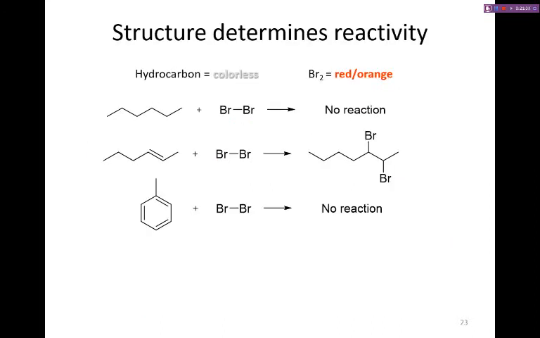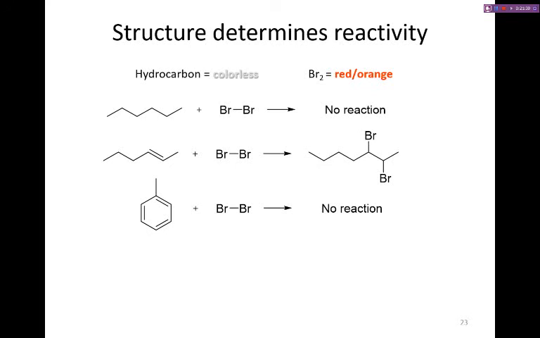Structure also is going to determine its reactivity. We saw already that aromatic compounds, because of the resonance, are more stable than compounds that are not aromatic. But we see that the presence of the double bond is going to affect the reactivity of hydrocarbons. And so if you take a regular straight chain alkane and react it with bromine, nothing's going to happen.